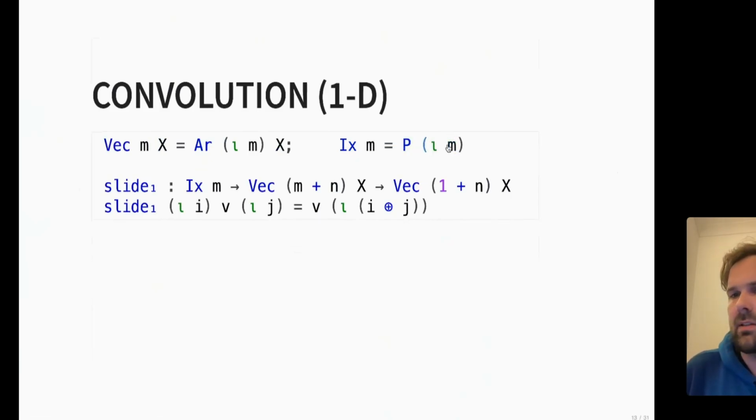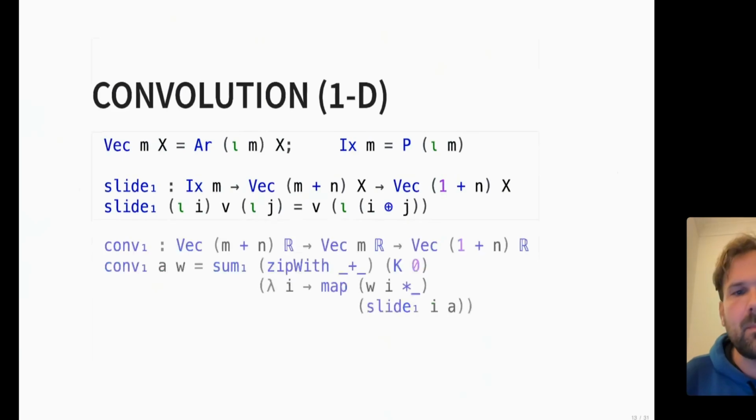Then we define this operation slide, which says if you have a vector of length m plus n and you have an offset, you can select a vector of length n starting from the offset. Basically you just add indices as you go, and that's your basic subvector.